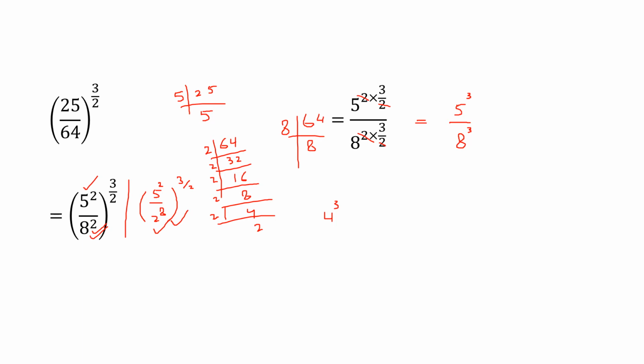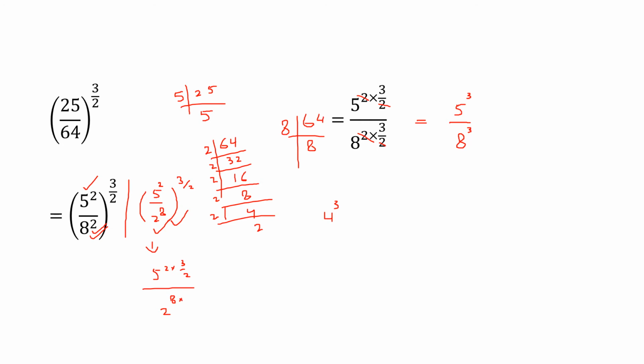But if you want to do it this way, we have 2 power 8, so it comes 5 to exponent 3 by 2, the same, divided by 2 exponent 8.